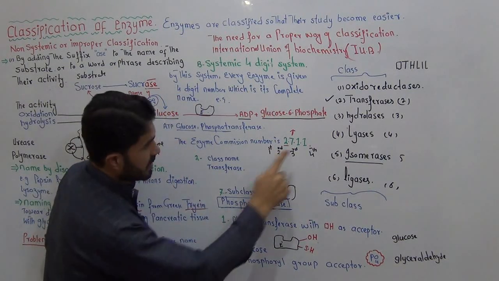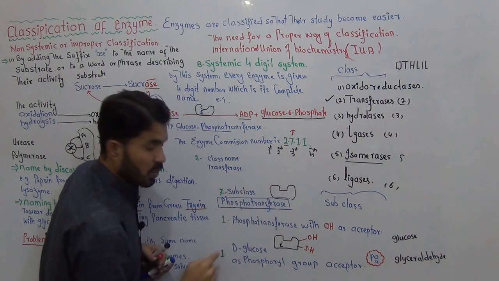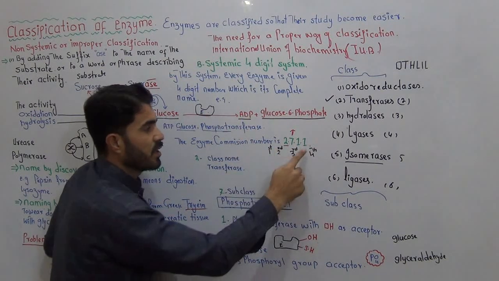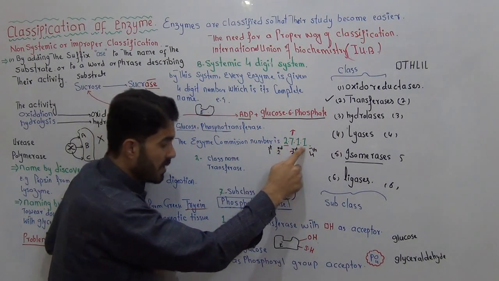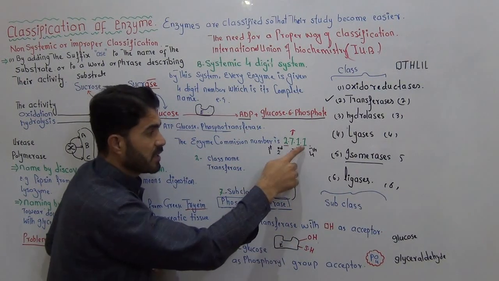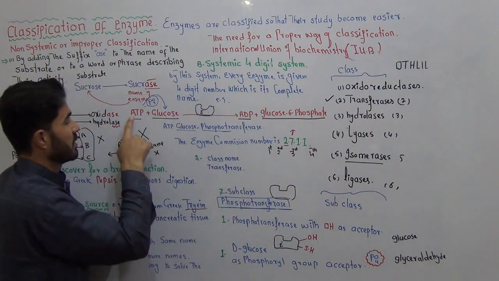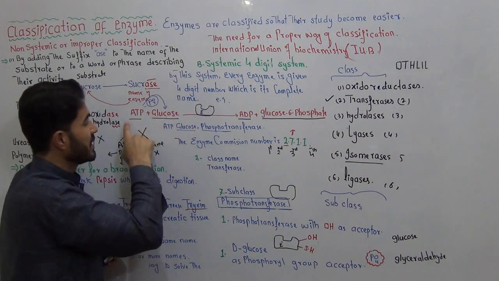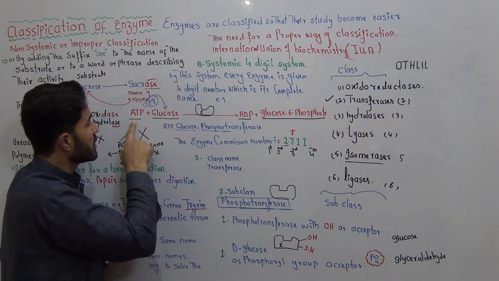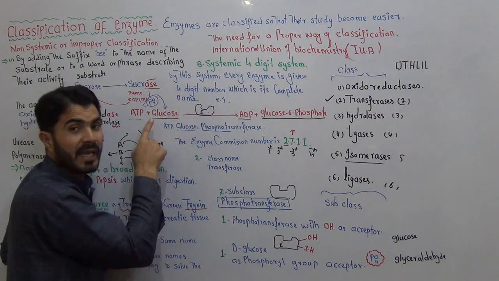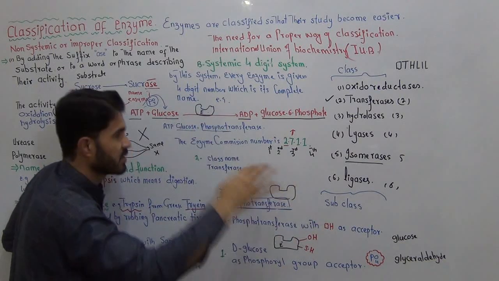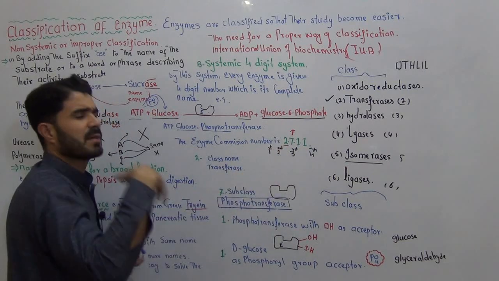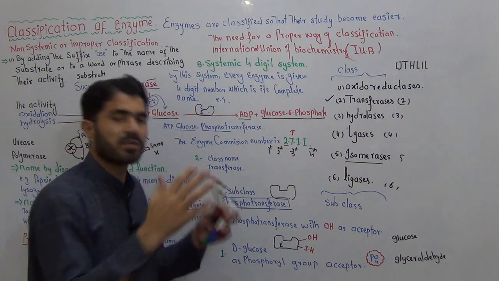So what does this number tell us? This number tells us the glucose. This number may also vary. It may be 2 or 3 or 4 or 5. If this is 1, it means glucose. Let's suppose the phosphate group is transferring from ATP, but this time not to glucose, this time towards an amino acid. If the phosphate group is transferring to an amino acid or some other molecule, then the number would not be this one. It would be some other number, so it may be 2 or 3 or 4.